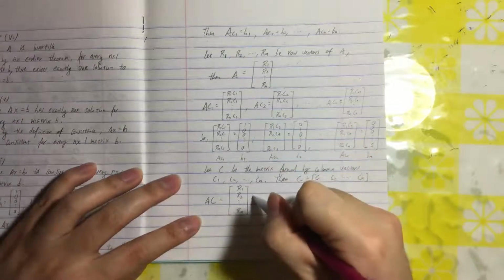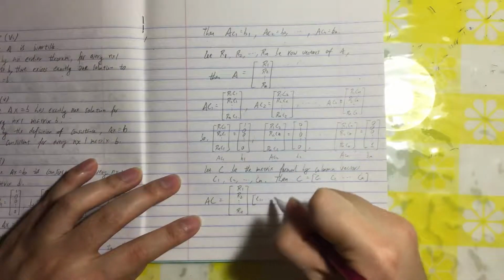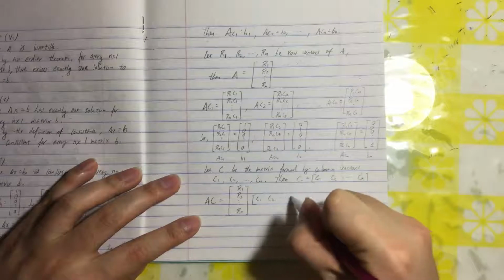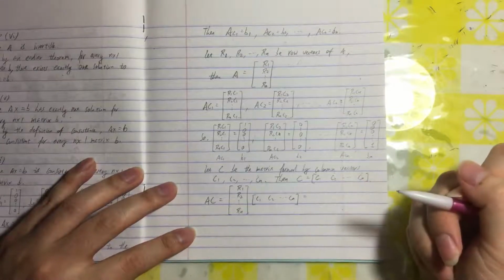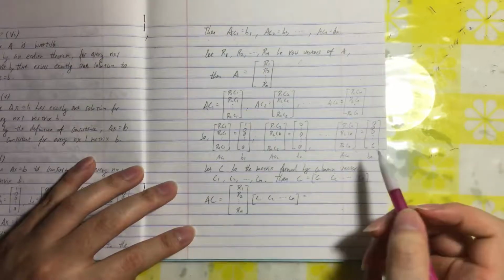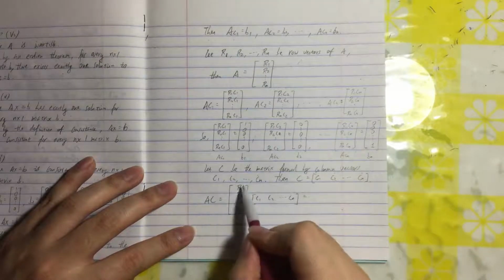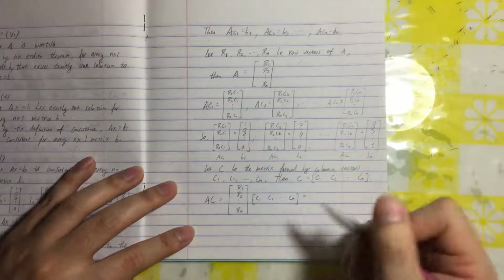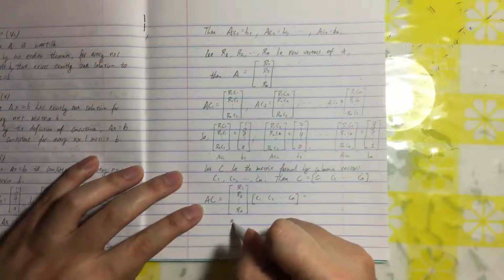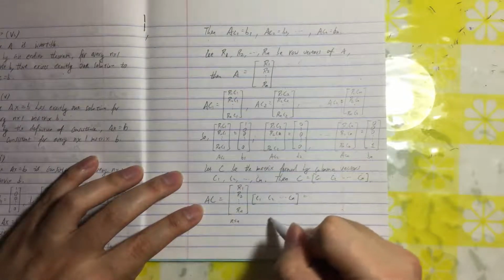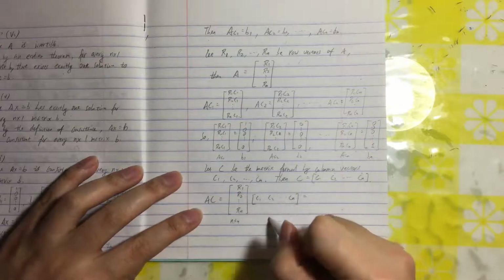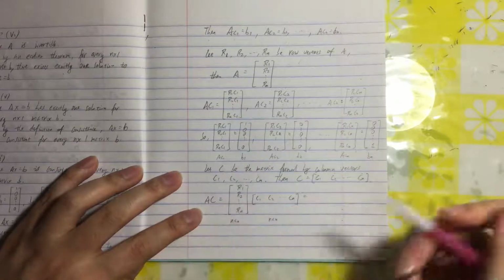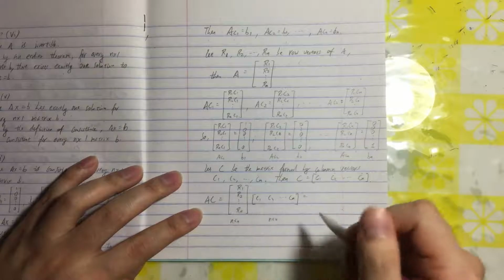C can be expressed using column vectors C1, C2, Cn. When we multiply matrices, we use row times column. Matrix A is an n by n matrix. C is also an n by n matrix. C has n rows, n columns. If I multiply, the result is an n by n matrix.